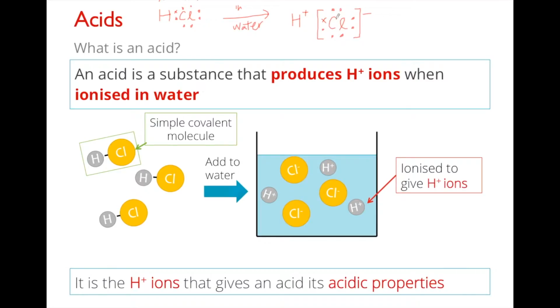So that's the difference here. In water, what happens is this chlorine will rip off both electrons, and your hydrogen becomes just a proton. So that's what happens in water, and it is the H+ ion that gives an acid its acidic properties.